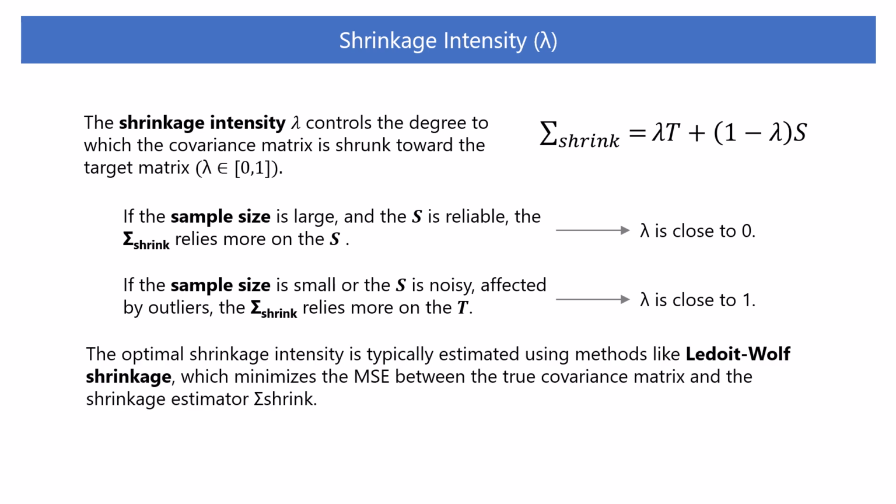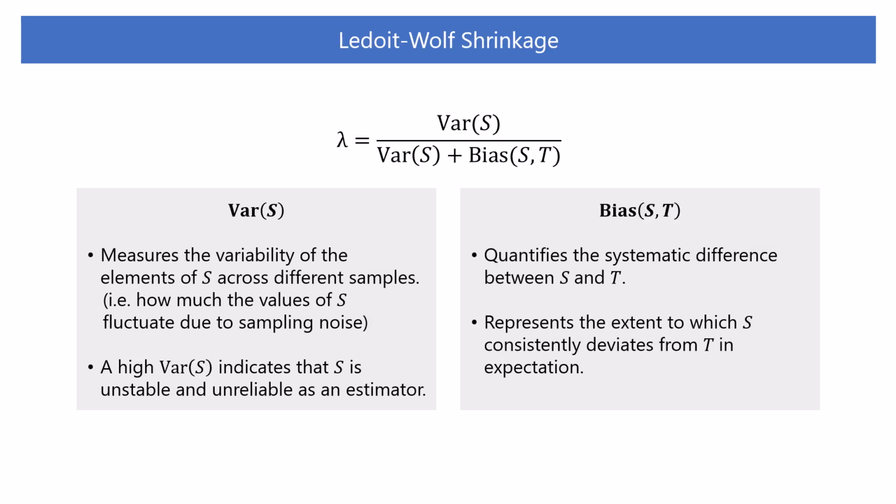The optimal shrinkage intensity is typically estimated using methods like Ledoit-Wolf shrinkage, which minimizes the mean squared error between the true covariance matrix, sigma, and the shrinkage estimator, sigma shrink. The shrinkage intensity lambda is calculated using a data-driven method.